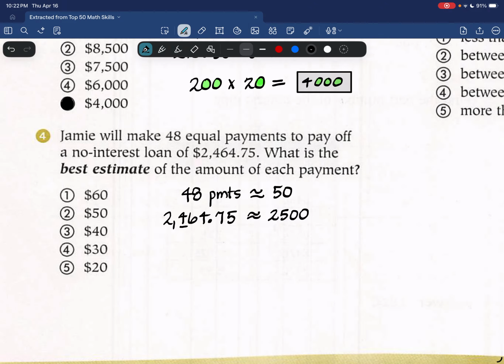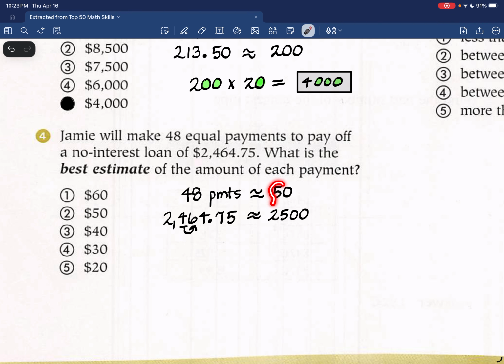So I'm rounding this one to the hundreds place. And you might be wondering why I didn't go to call it 2,000. I could have. That would have been okay. But I know that these two numbers play well together. A 5 and a 25 are in the same family. I like that.